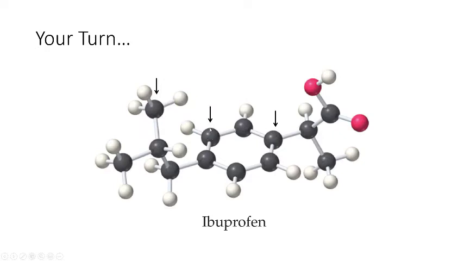Our second carbon here has 1, 2, 3 charged clouds coming off of it. So therefore it's a trigonal planar parent geometry, sp2. And our third carbon here has 1, 2, 3 coming off. Therefore, it's trigonal planar parent geometry, and therefore sp2 hybridized.